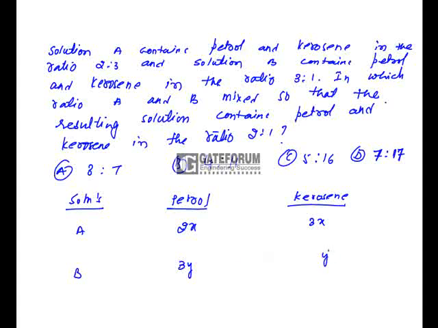Now, whenever you are answering these types of questions, let us assume the ratio of the mixture mixed as m:1. Always A is to be in the ratio of m:1, so that the resulting mixture is of 2:1 ratio.